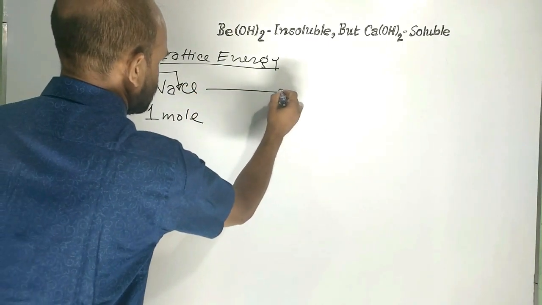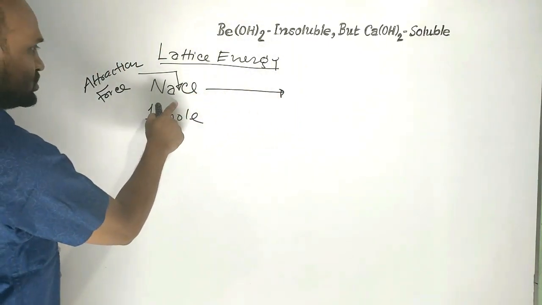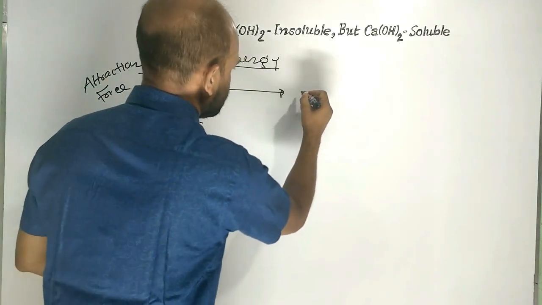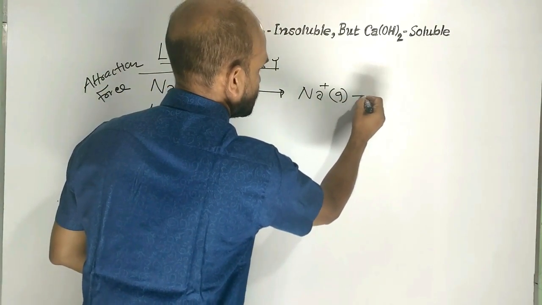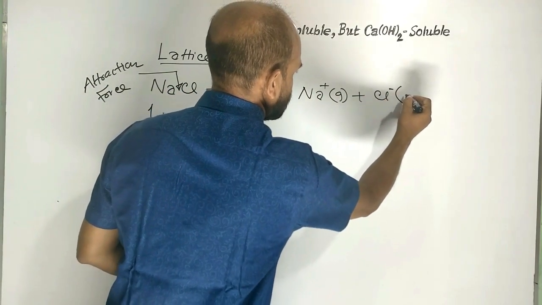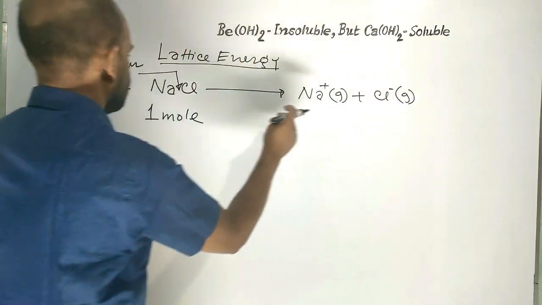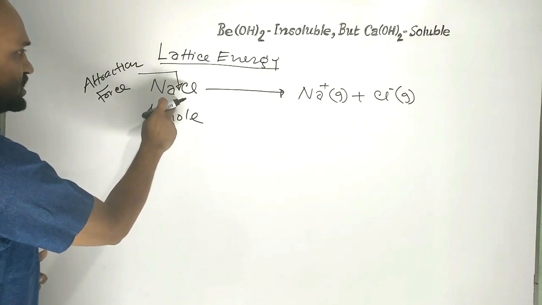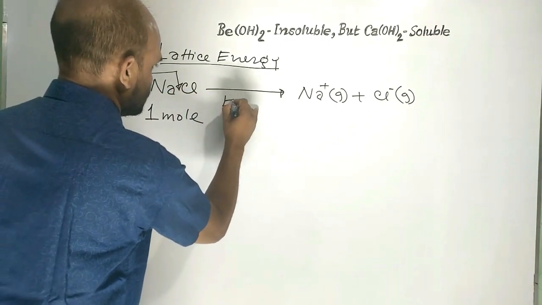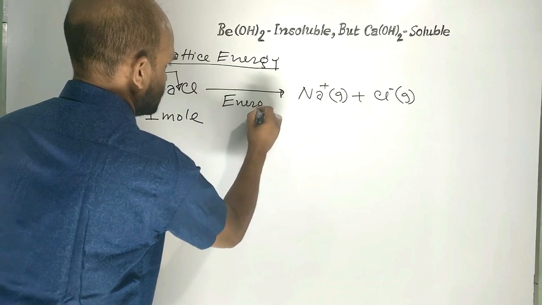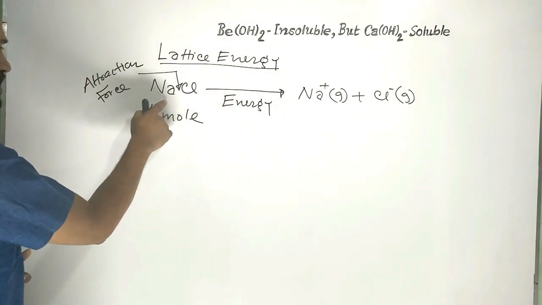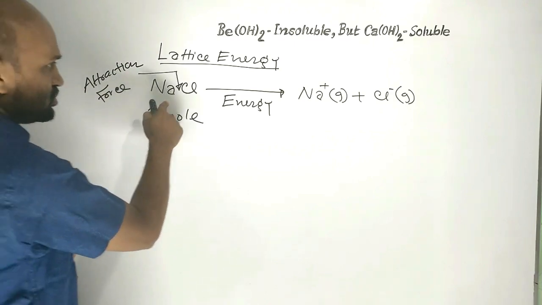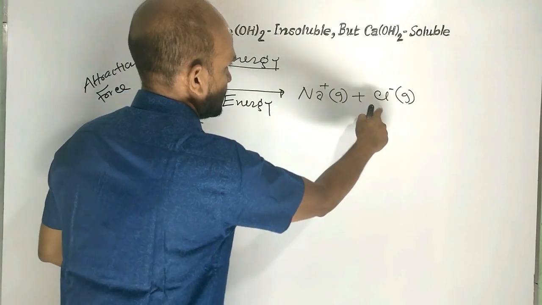When this compound has to be converted to gaseous ions, then energy must be applied to this compound. Some amount of energy must be provided to this compound to convert it into gaseous ions.